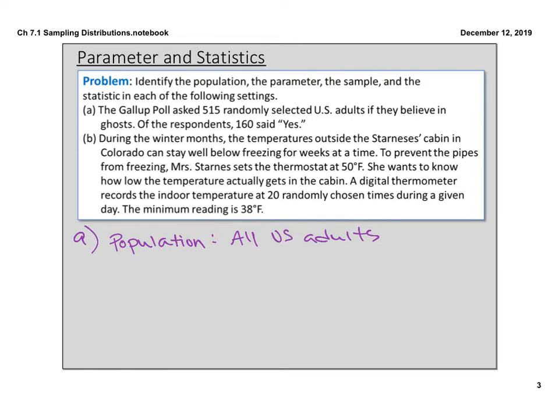The parameter, or sorry, I should go in order here. Population, then parameter. So the parameter is the U.S. adults who believe in ghosts. And we don't know that number. It's not going to be possible for us to find that number, but that's what we're looking at: U.S. adults who believe in ghosts.